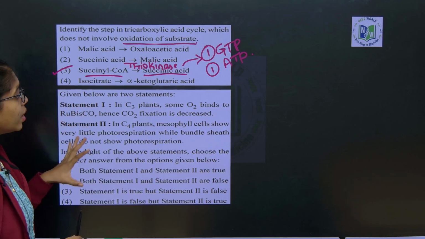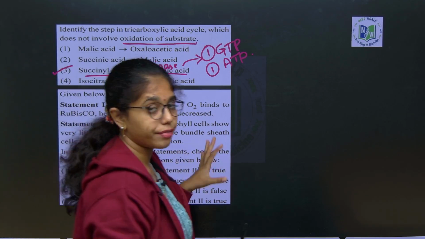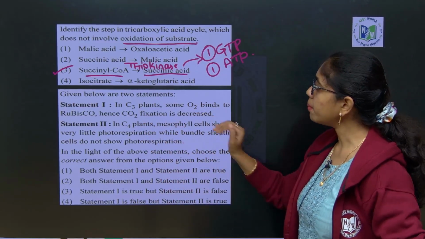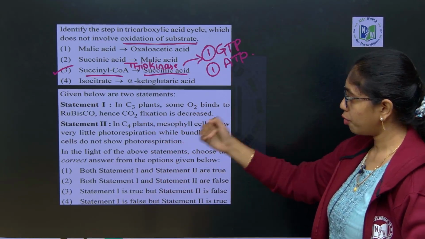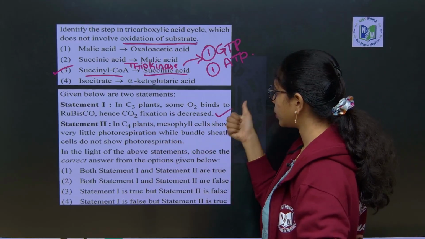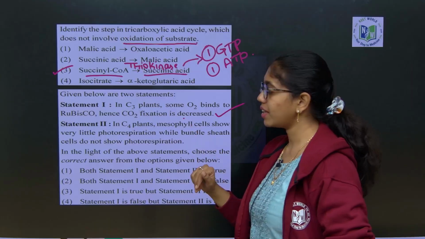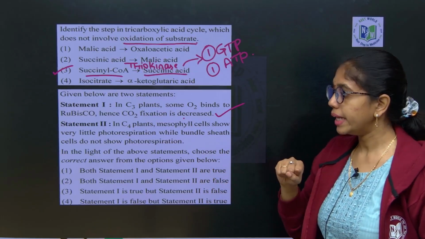Next, statement based question from plant physiology. In C3 plants, some oxygen binds to rubisco, hence carbon dioxide fixation is decreased by increasing the photorespiration. CO2 fixation will be decreased.